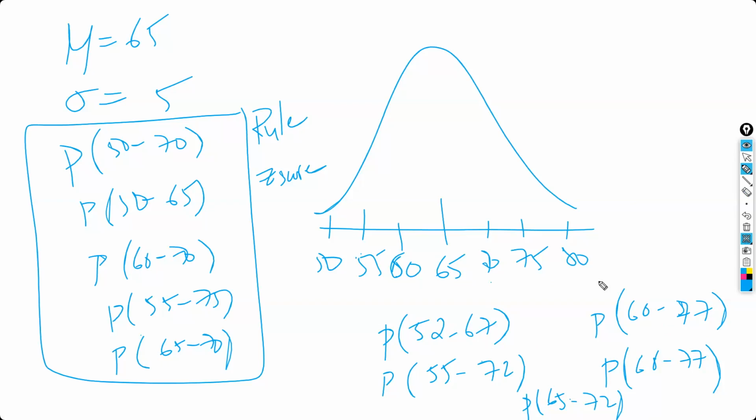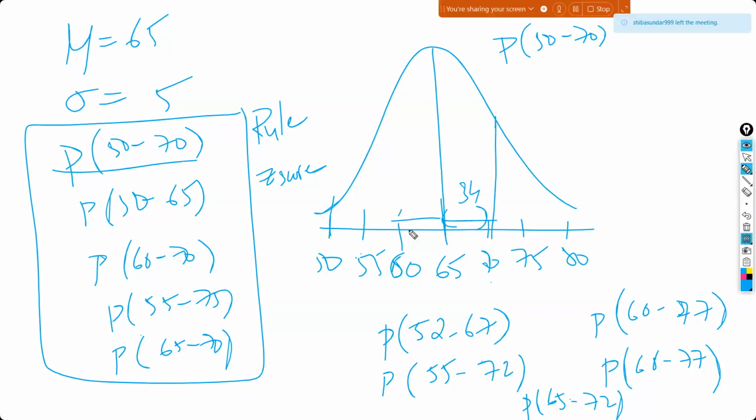Sir, for example, the first question I'm going to solve in front of you is 50 to 70. Now 50 to 70 means from this one to here. Now calculate from here to here. This area is 34 and this one is 34.